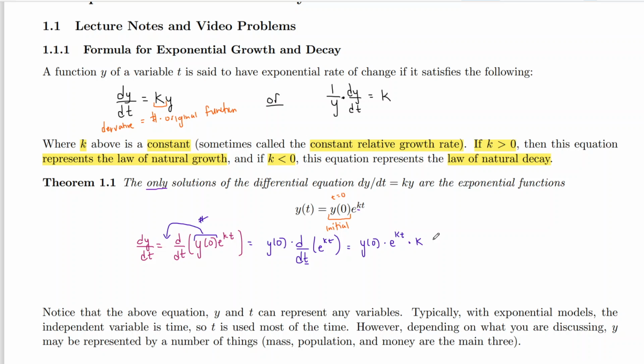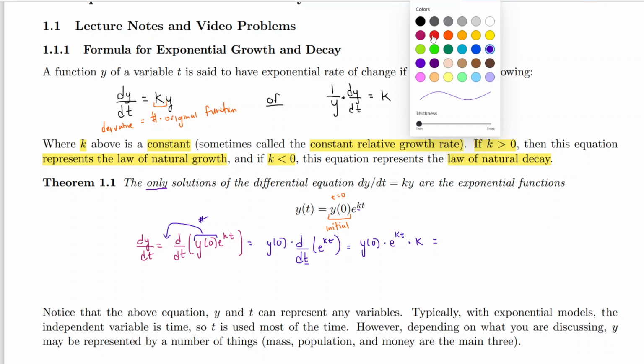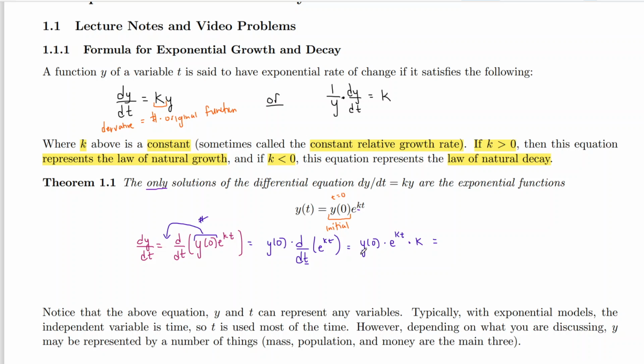But the point here is that what we just figured out is exactly what I set out to show you, because what you have right here is just what y of t is. So it equals y times k.